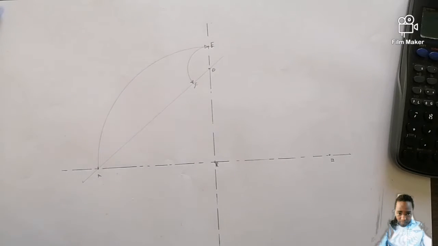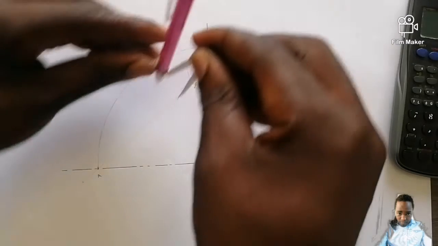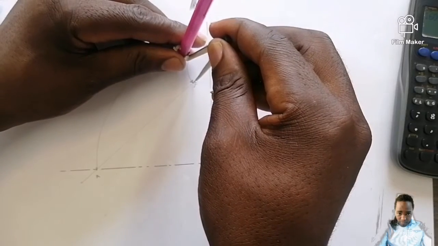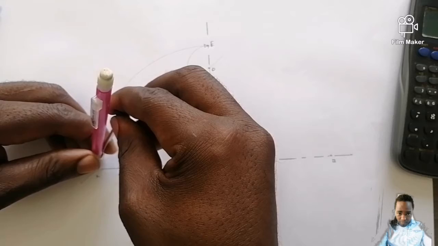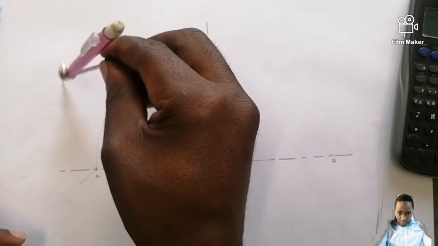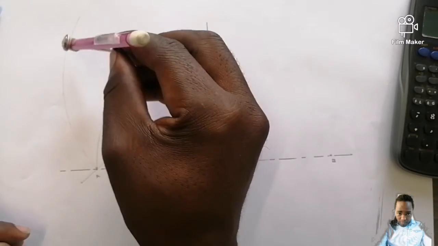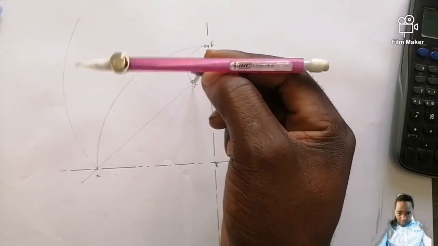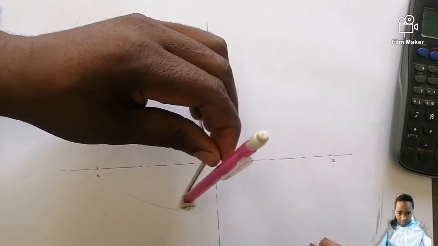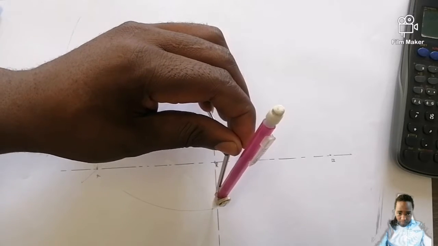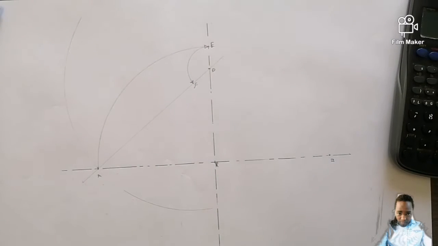So now take your drawing compass again, place it at point F, further extend it to point A, then strike an arc like this in your second quadrant, and just make it a little bit longer in your third quadrant.